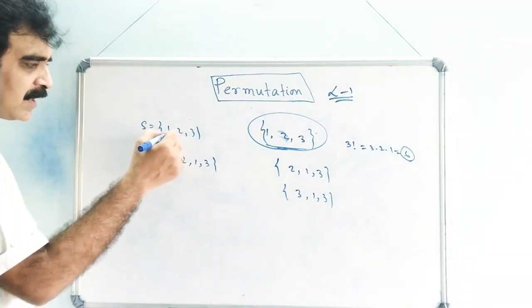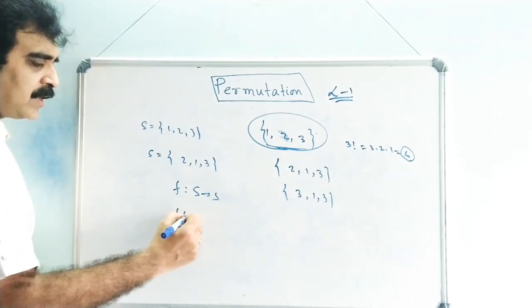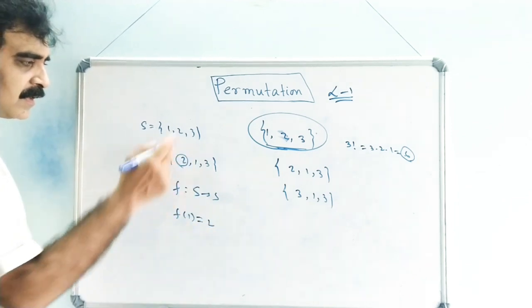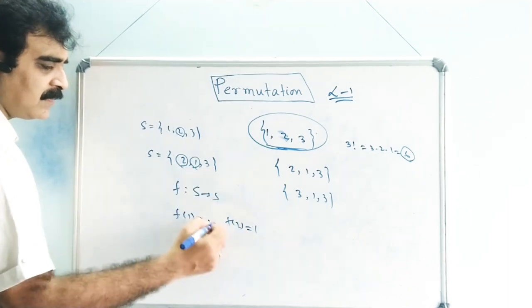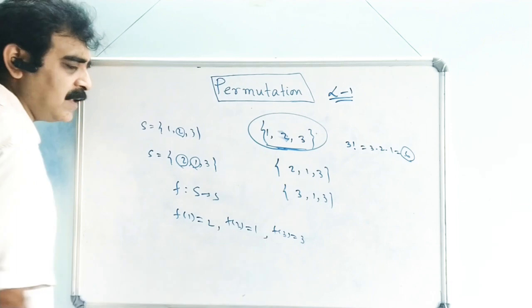Here we consider a mapping from S to S for which the image of 1 is 2, the image of 2 is 1, and the image of 3 is 3.